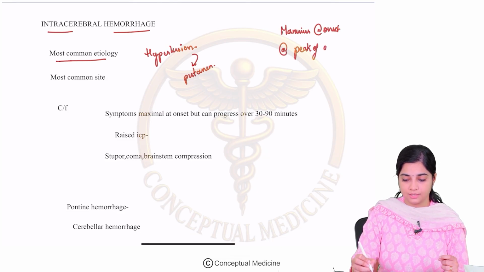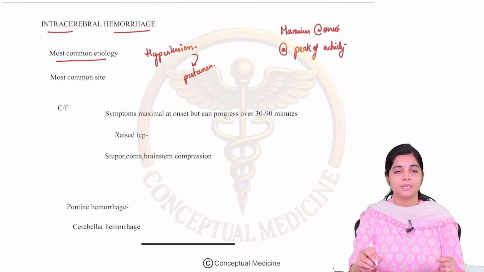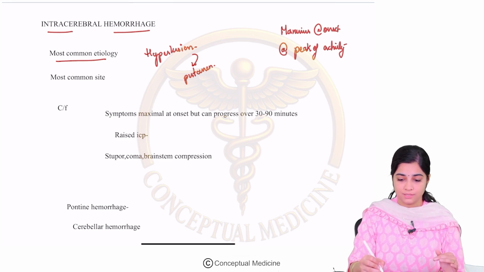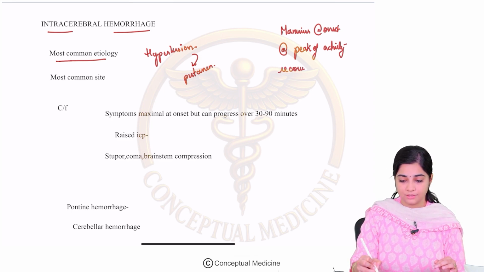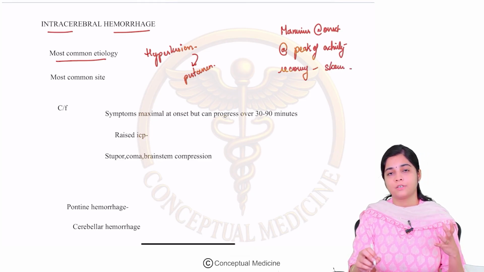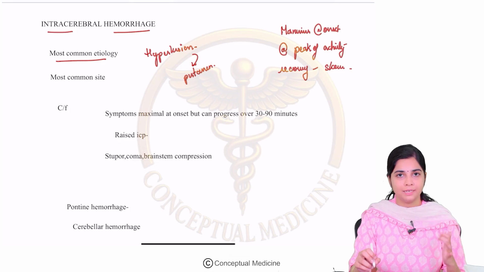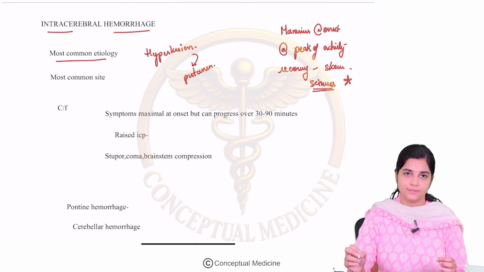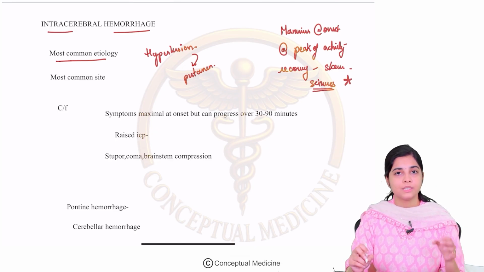The recovery is usually slow, depending upon which part of the brain is involved. And hemorrhagic strokes are most frequently associated with seizures. So this is about the characteristic features of hemorrhagic stroke.